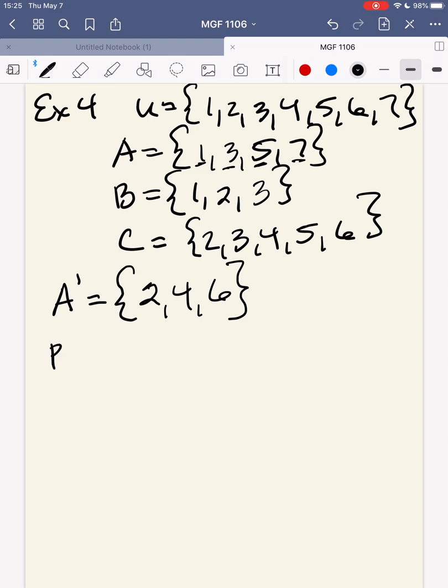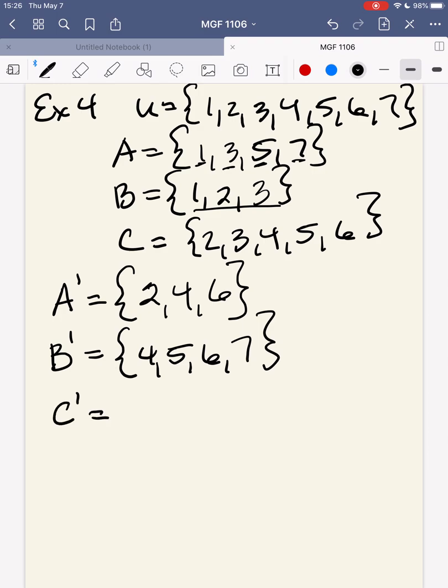If I want to look at my B complement, I'm looking at all the things that are not in B. Okay. B is consisting of 1, 2, 3. So anything in the universe after 3. I have 4, 5, 6, and 7. Let's take that further. Let's look at C complement.